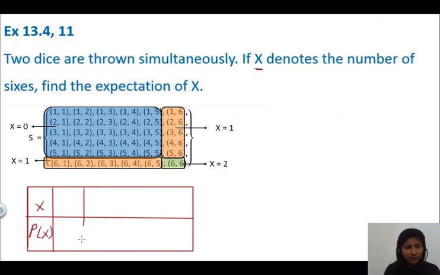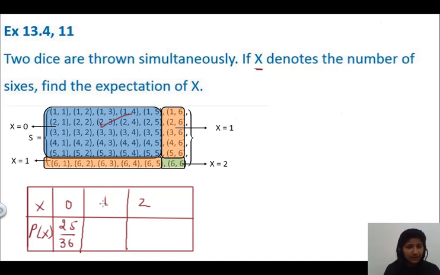As you can see, the total number of outcomes is 36. So, when x is 0, you see how many outcomes are not there. These 11, that means 25 of these are favorable to us. 25 upon 36.